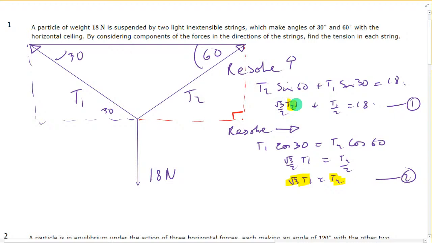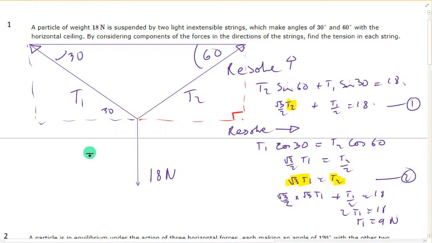So what I get is root 3 over 2 times root 3 T1 plus the T1 over 2 here equals 18. Root 3 times root 3 is 3. 3 over 2, so that's 1.5 T1 plus a half T1 is 2 T1 equals 18. So T1 equals 9 newtons.